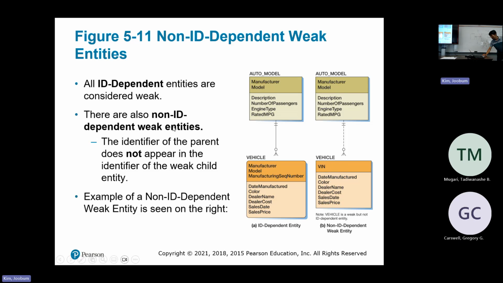In that case, it is called a non-ID dependent weak entity. In an ID dependent entity, the identifiers of strong entities are used in the weak entity. Here, it is still a dependent relationship, but the identifiers of strong entities are not used anymore. So non-ID dependent. Make sense? Okay.